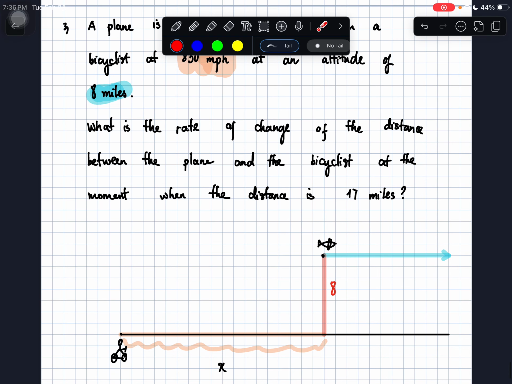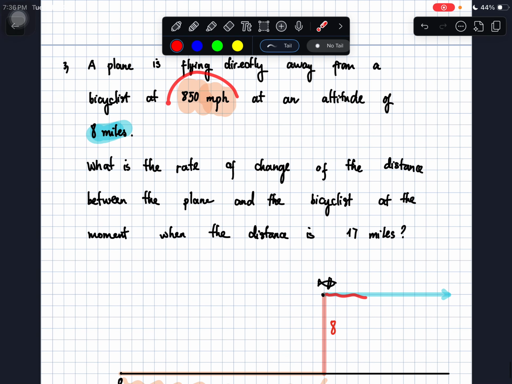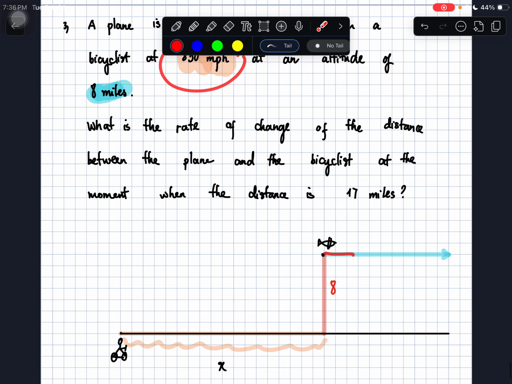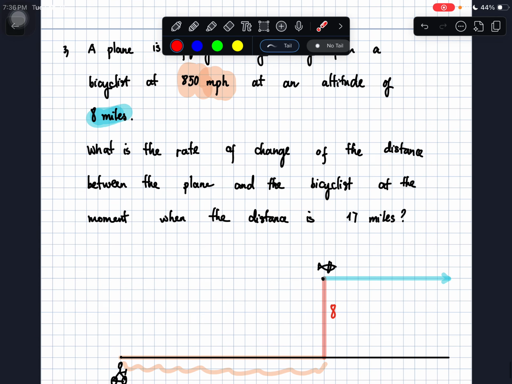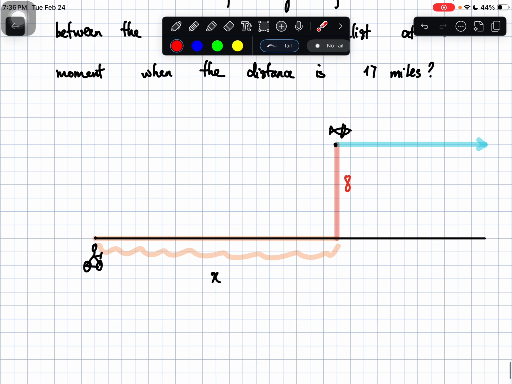And we know that the speed is the derivative of this position function, right? So dx over dt will be 850. That's what they give us.